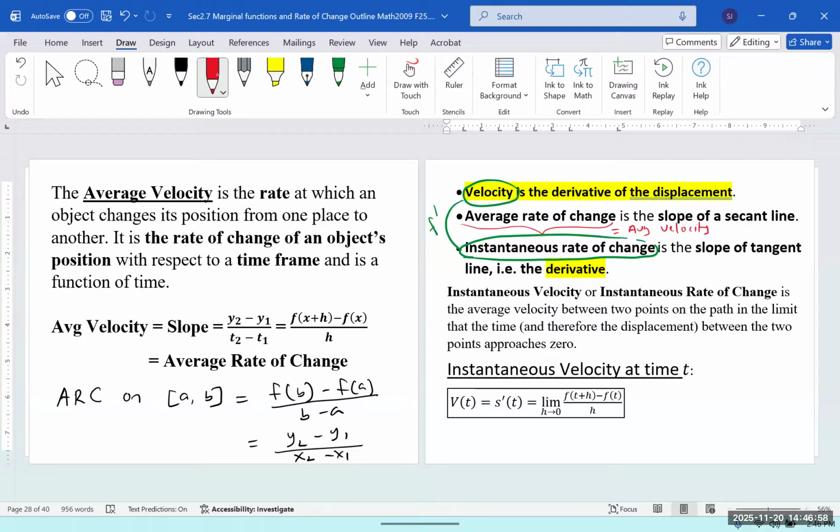Now, when you find the instantaneous rate of change, either you can use the definition of the derivative, or you can use the shortcut methods we learned, power rule, quotient rule, those things. It's up to you which method you want to use.